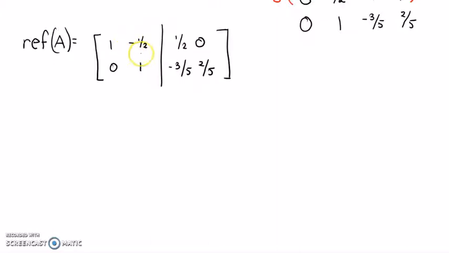All I need to do is eliminate this 1/2 right here, this negative 1/2. So in order to do that, I'm going to take 1/2 of row 2 and then add it to row 1.